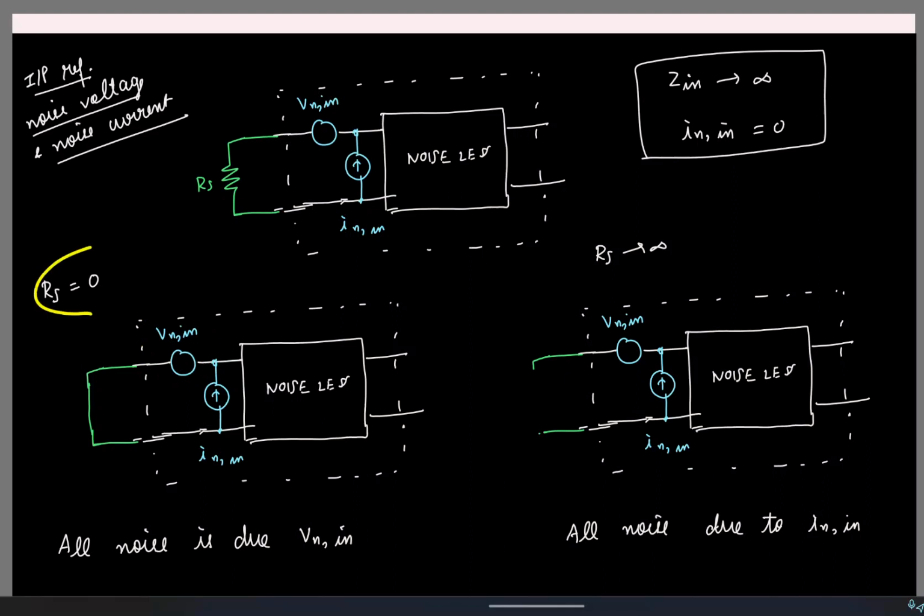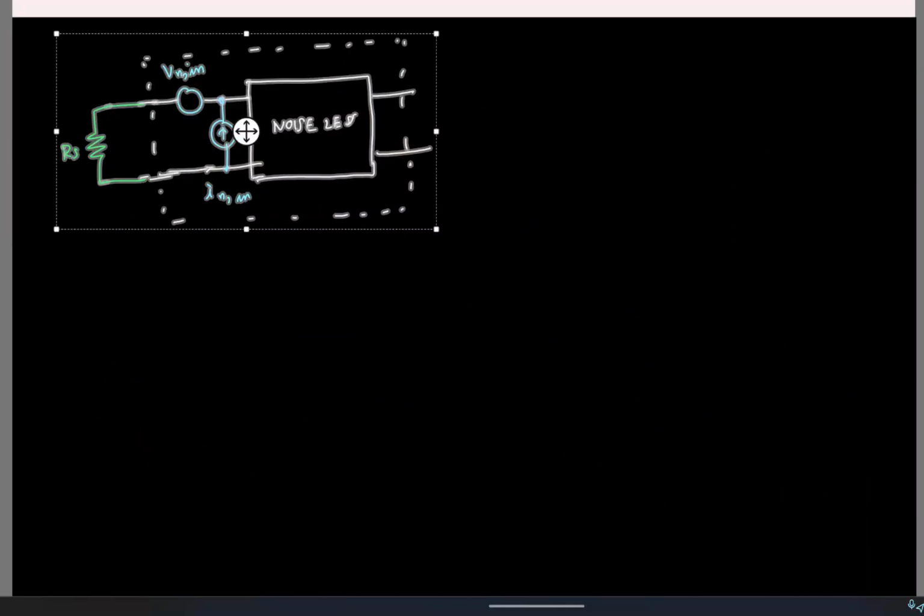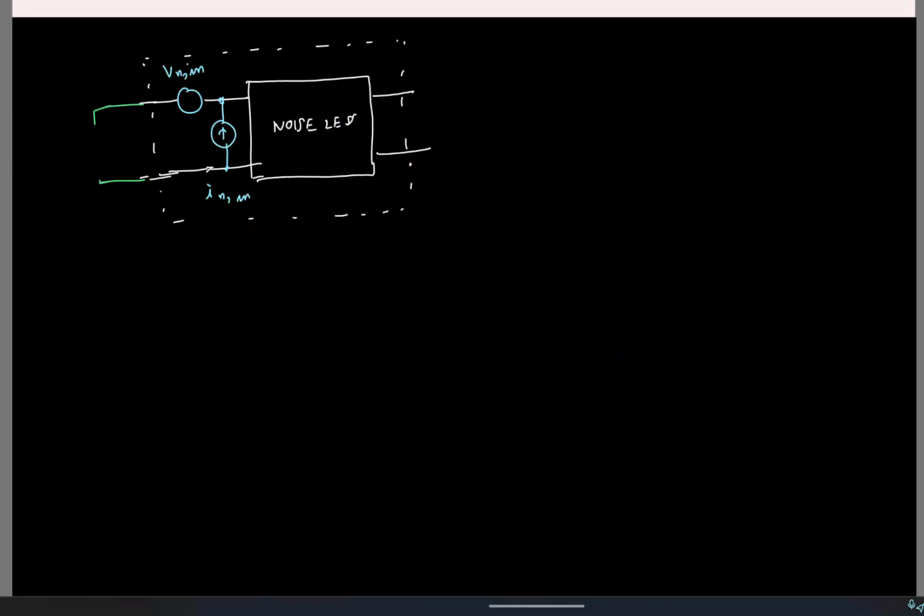And you see that if I choose RS to be 0, entire noise is arising only due to Vn. So what we can do is the following. I'll choose RS to be 0, and this will be my noisy network. So here again RS is 0, I'll short it like this.